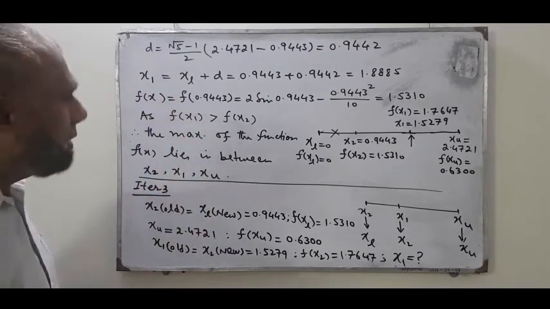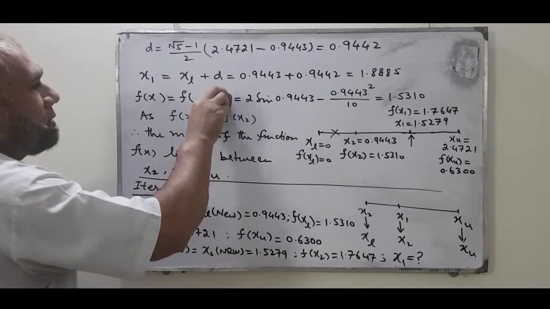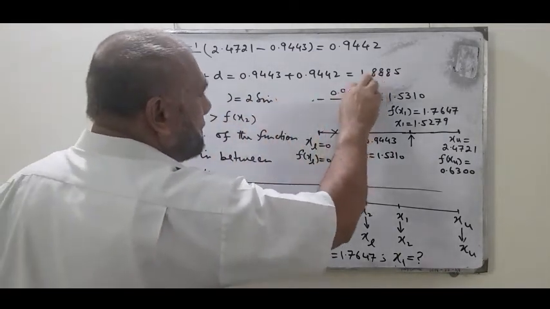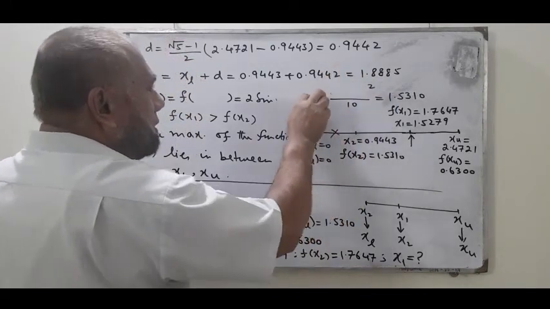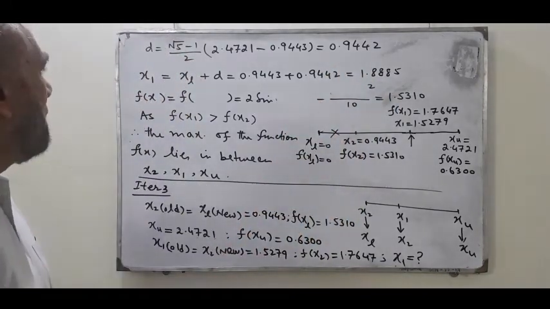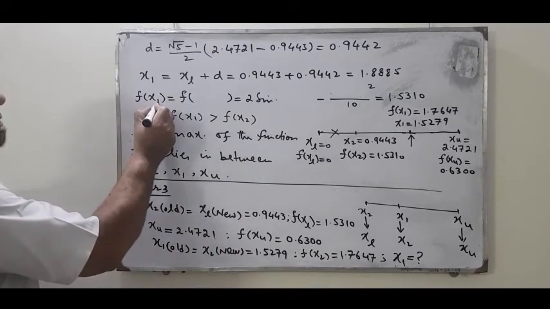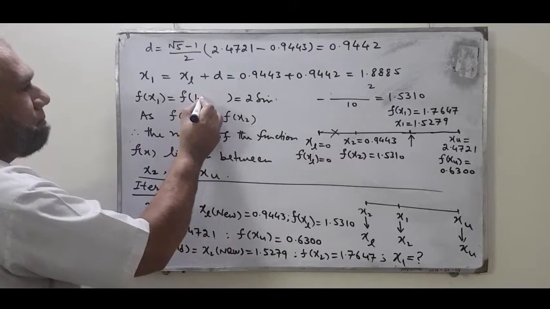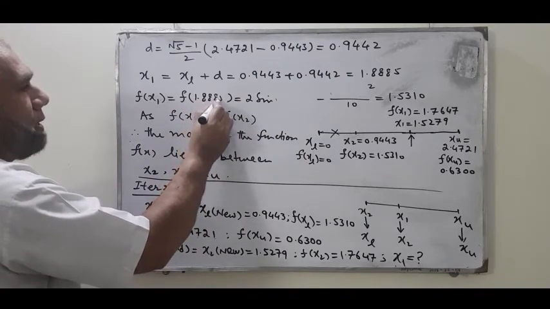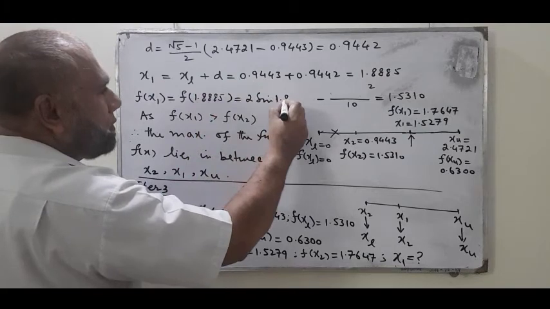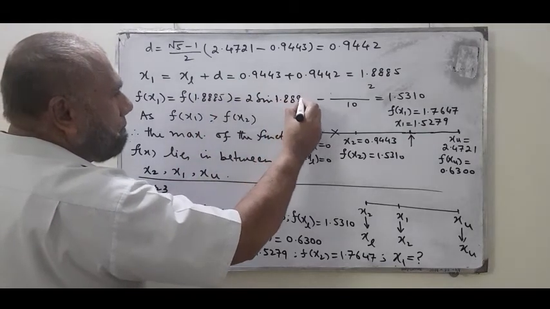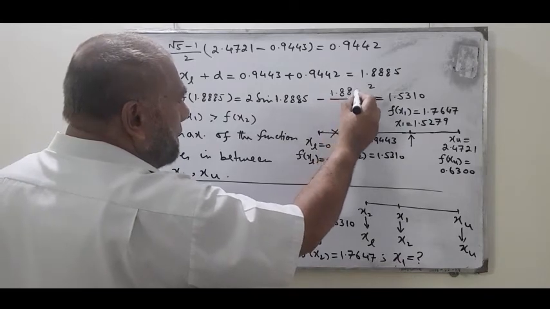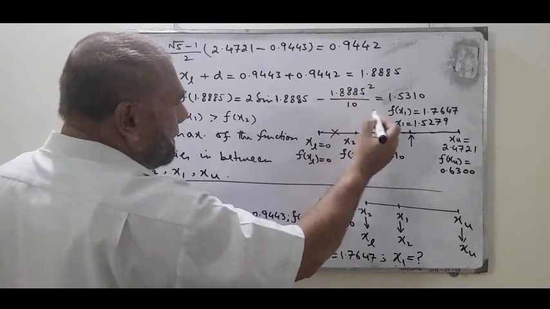And after calculating x1, now we proceed to calculate f(x1). So I'm making changes here to note these changes, I'm just changing the values accordingly. So the function we are calculating at x1 is f(x1), and f(x1) is 1.8885 times 1.8885 times 1.8885 squared by 10.